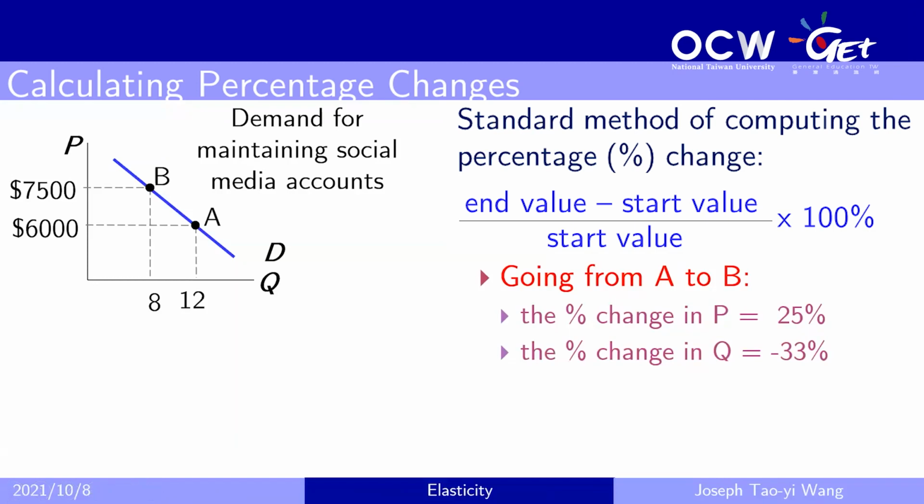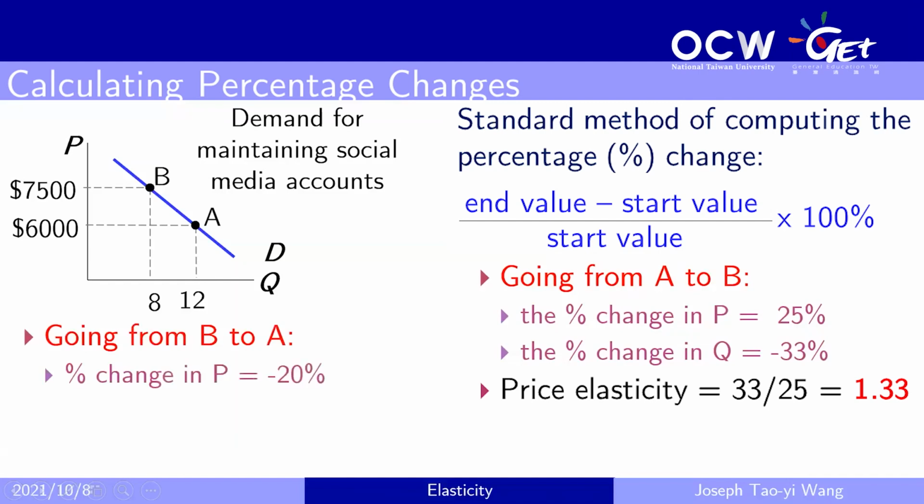The problem is, if you do the same calculation, but now going from B to A, then the percentage change, so from 7,500 dropping down to 6,000 is a 20% drop. But the increase in quantity from 8 websites to 12 websites is 50%.